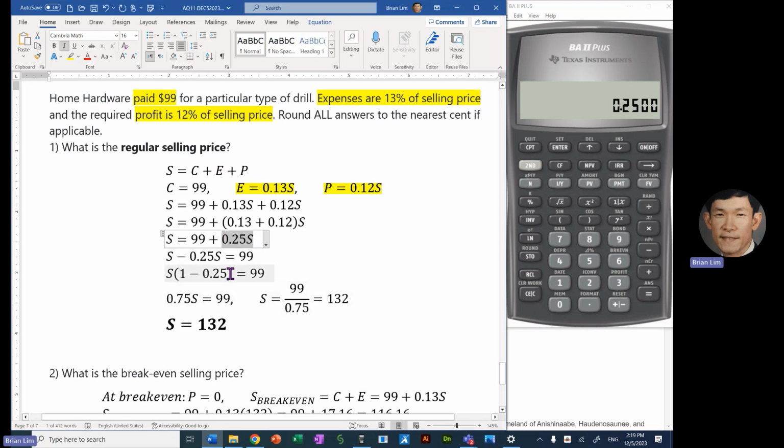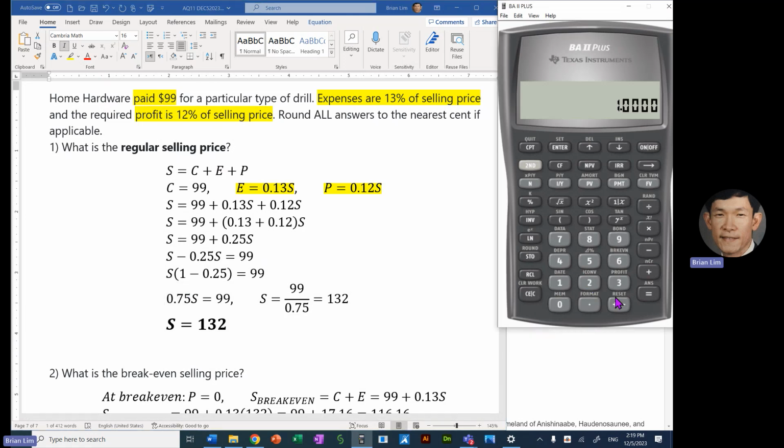So now we rearrange and we get S minus 0.25S is equal to 99. We could indeed factor out the S and get 1 minus 0.25S is equal to 99. And the 1 minus 0.25 will give us this 0.75, right?